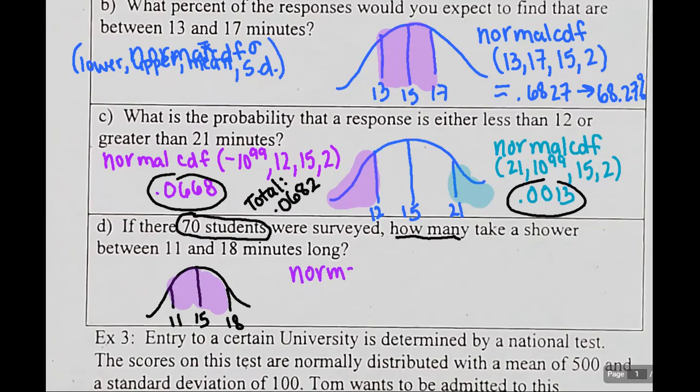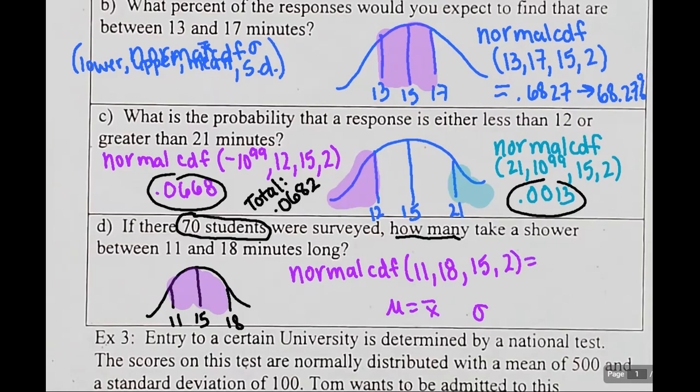I'm going to put in my lower bound, which is 11, my upper bound, which is 18, and then that mu, which looks like that. That is our X bar, okay? So our mean is 15 and our standard deviation is 2.